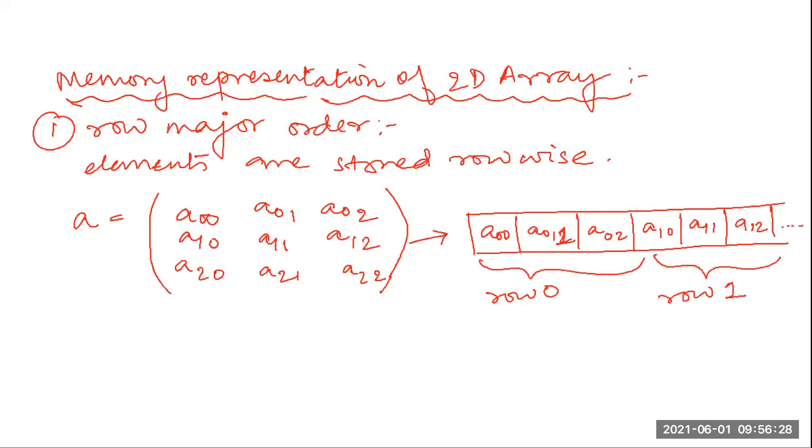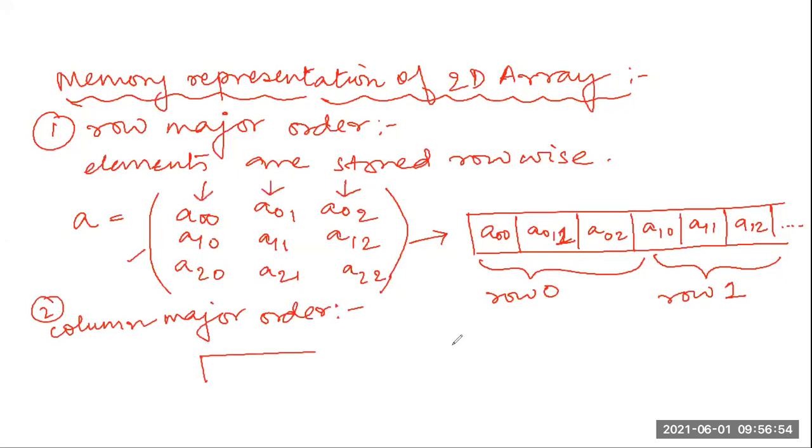And when I talk about column major form, just the opposite will happen. If this is the matrix, first my column 1, then column 2, then column 3.